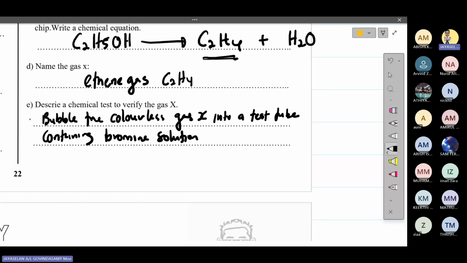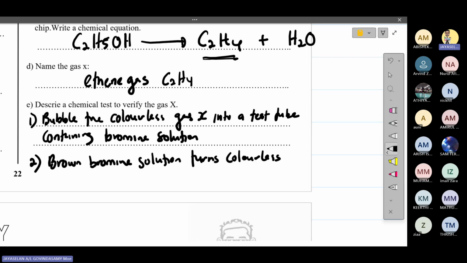You already score 1 mark. This is point number 1. So what will happen to the bromine solution? This is a halogenation reaction. So the brown bromine solution turns colorless. You already score another mark.